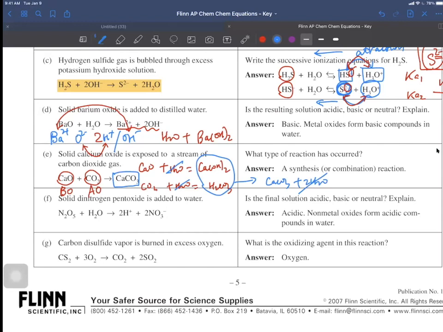You can also use the Lewis acid base theory to interpret the reaction, because it is a transfer of an O2 minus between calcium oxide and carbon dioxide. When this one loses the O2 minus, it changes into calcium 2 plus.